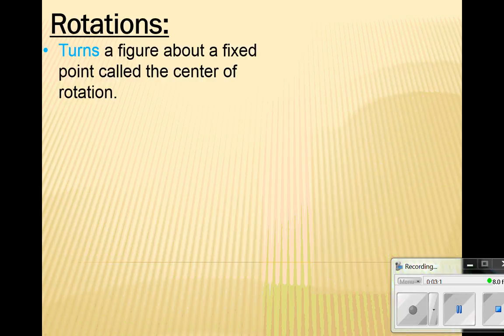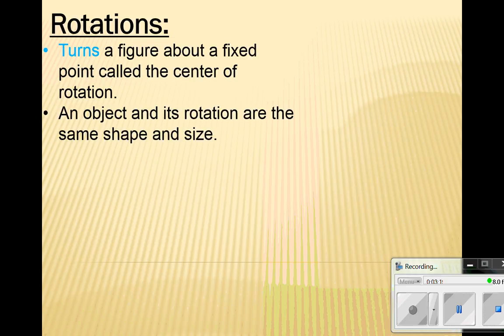Rotations is the first one we're going to look at. In a rotation, the figure is going to be turned around a fixed point. That's called the center of rotation. And the object, as it rotates, is going to stay the same shape and the same size. So the word that we use to describe that would be congruent.